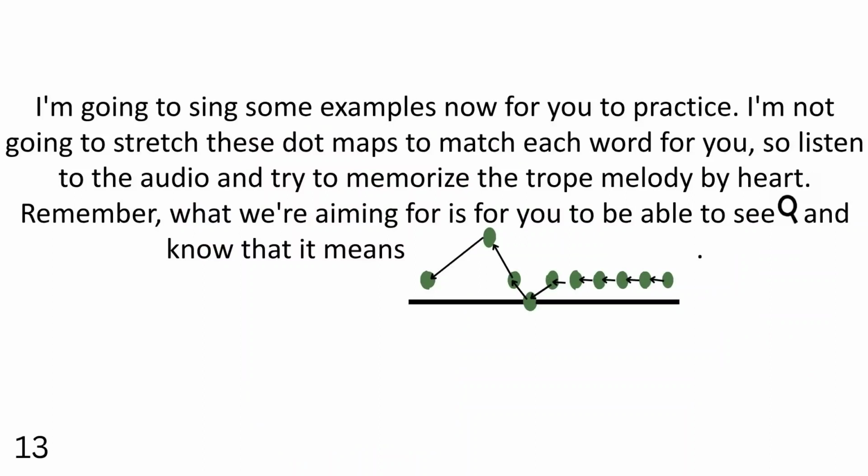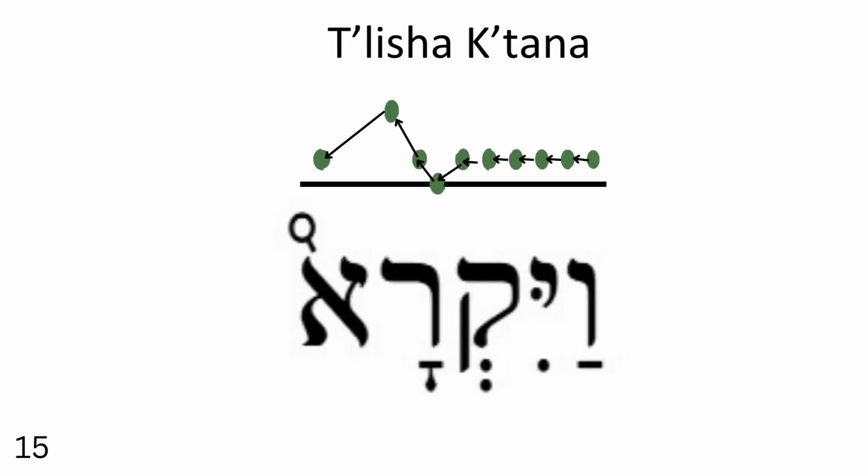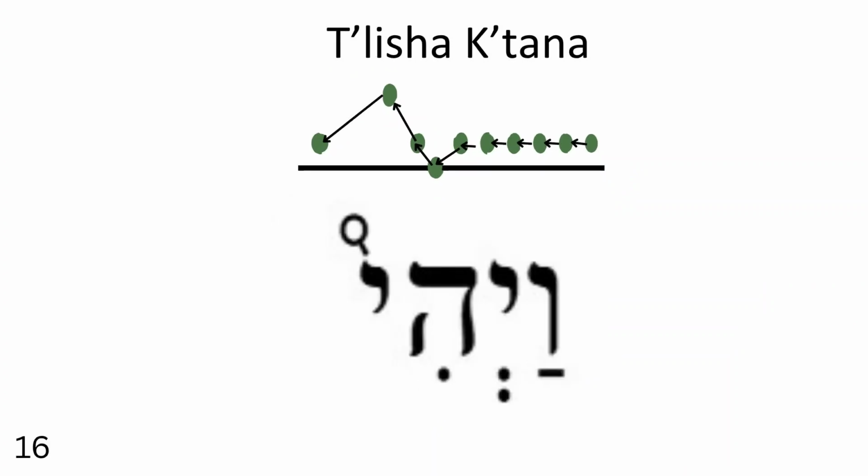So now we're going to go into the examples. Talisha Kitana, Vatelech. Talisha Kitana, Vaikra. Talisha Kitana, Vayehi.